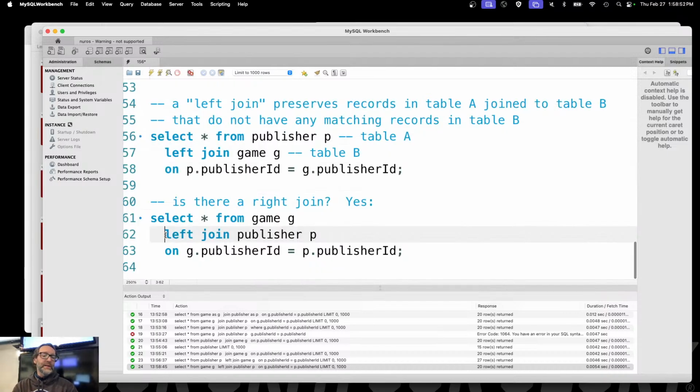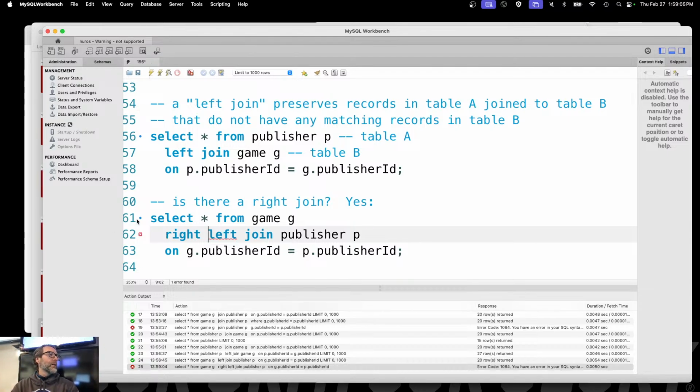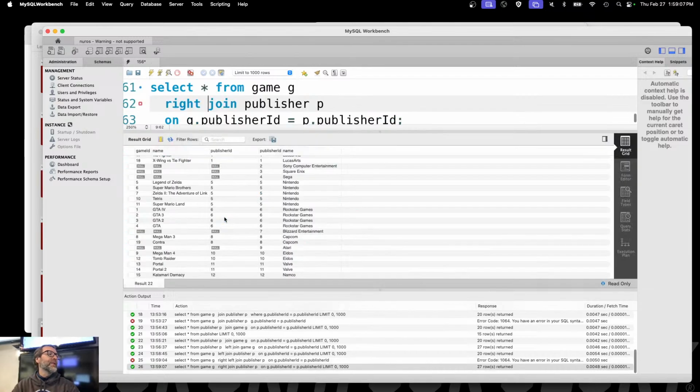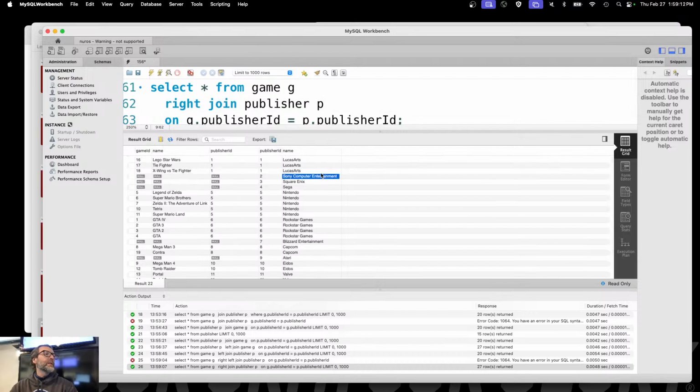But if I say that it's a right join, then it will preserve. It'll read backwards for you. It'll preserve values from the right table to the left table. Right? I can't have left-right join. Sorry, there we go. Right join. And there we go. Now Sony Entertainment, Square Enix, Sega, now they are still preserved over here.